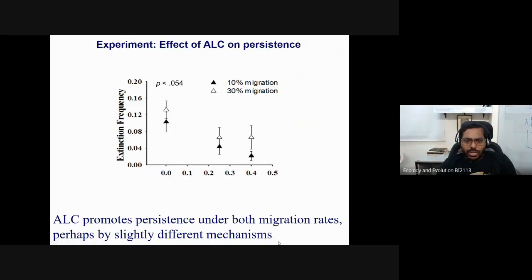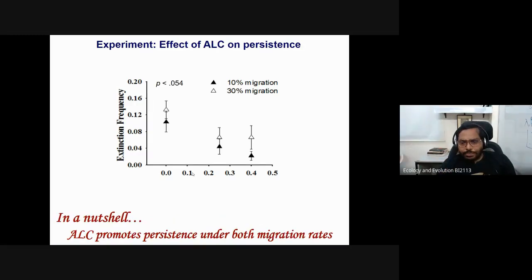And if you look at persistence, then it turns out that under both circumstances, the subpopulation level persistence becomes much better, but again no difference between the ALC 0.25 and ALC 0.4, suggesting that this is a good method for promoting persistence stability, right?